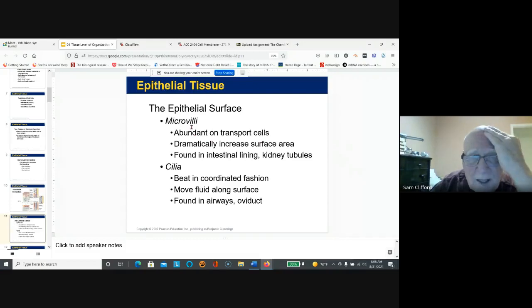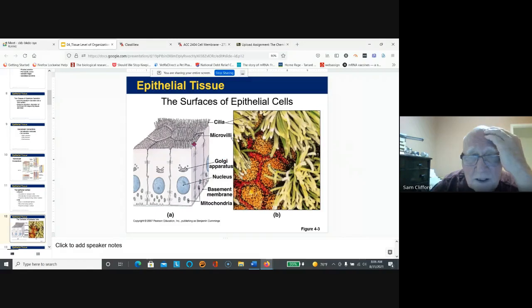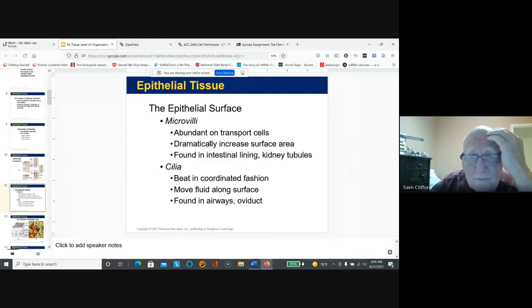So what are microvilli and what are cilia? If you look at the digestive system, you can have cilia in some parts of it, or you can have cilia in the respiratory system that move fluid and move substances to expel dirt, for instance. And the microvilli allow absorption by increasing surface area. So abundant, increased surface area found in the intestinal lining and the kidney tubules.